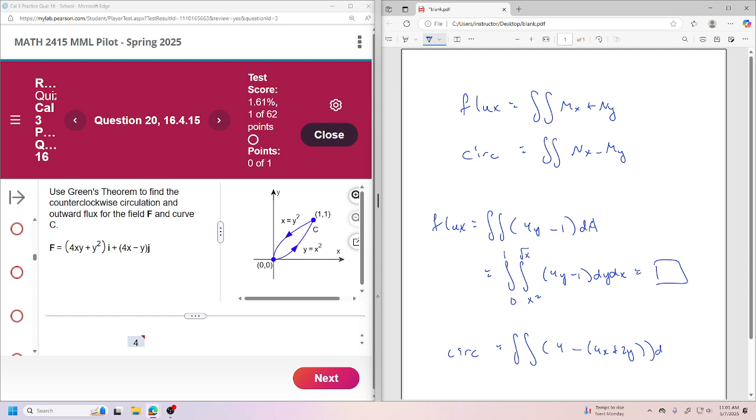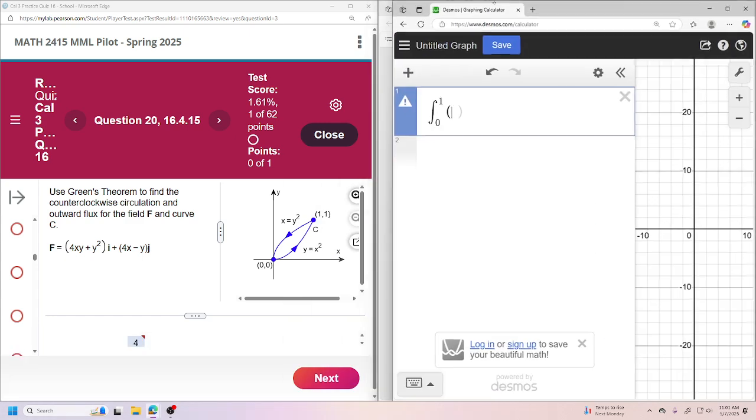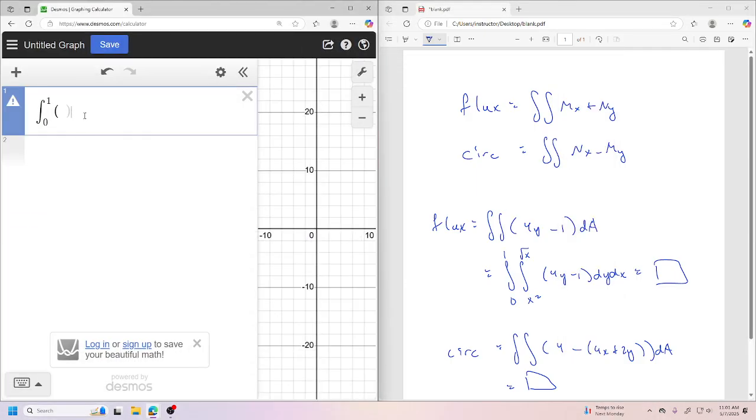Thank you. And same thing, we should just be able to get an answer now. So, off to Desmos land. Cool. It's nice that we have Desmos to do it for us.